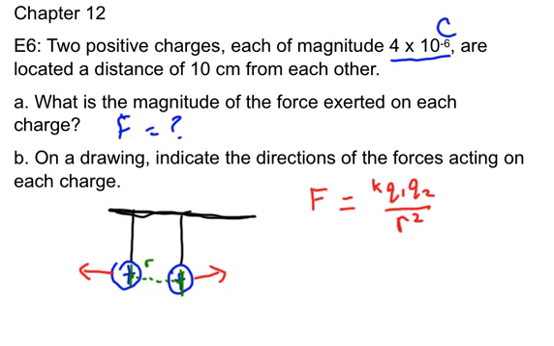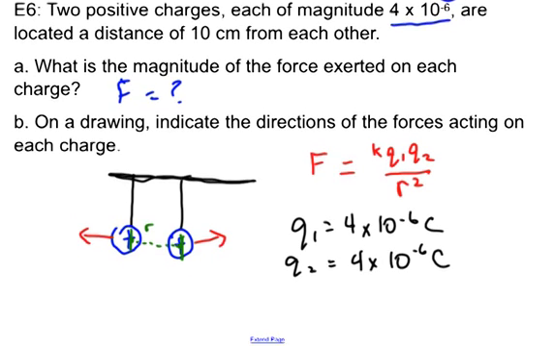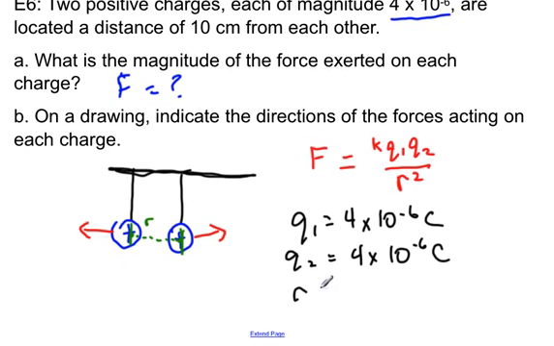Let's write out our knowns and unknowns now. Q1 is 4 times 10 to the negative 6 coulombs. Q2 is 4 times 10 to the negative 6 coulombs. Our R is 10 centimeters. We don't want it in centimeters, we want it in meters.